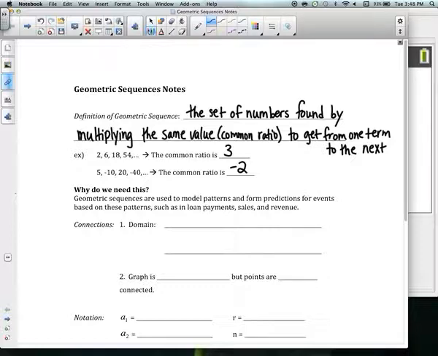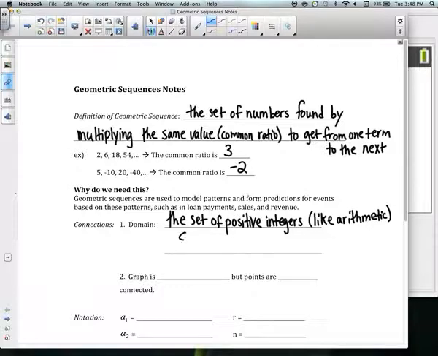Our connections, just like before, we have a domain that's a set of positive integers, meaning it starts from 1 and goes on.